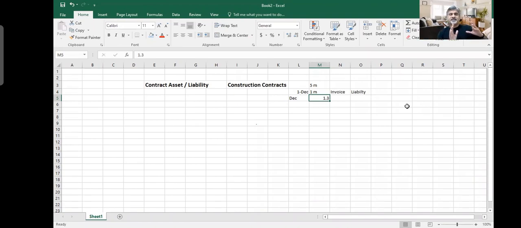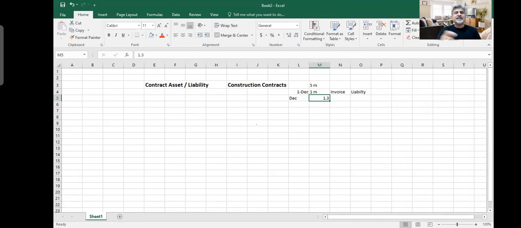So I have spent 1.3 million. My work has been approved as 1.3 or 1.5 million, whatever, but I have not given the invoice because it requires certain documents from their side. Those documents are still not available and therefore I cannot give invoice. So the payments you receive and the work you do, alignment is not there.